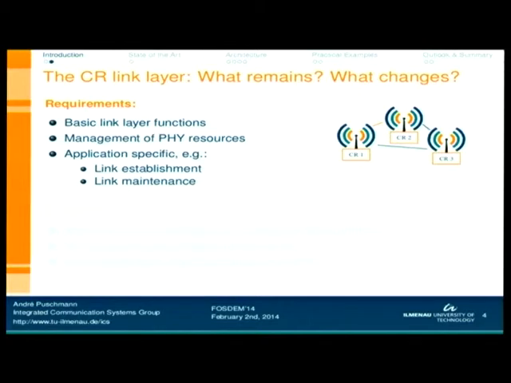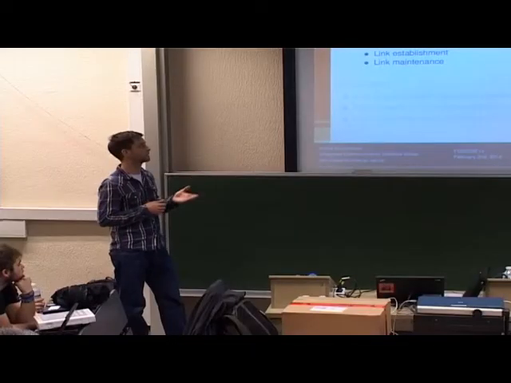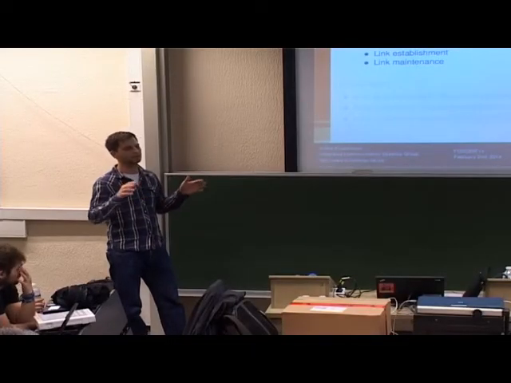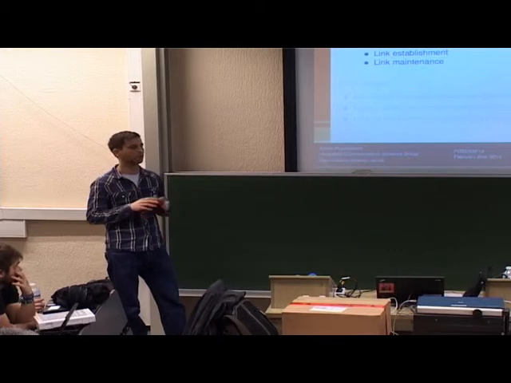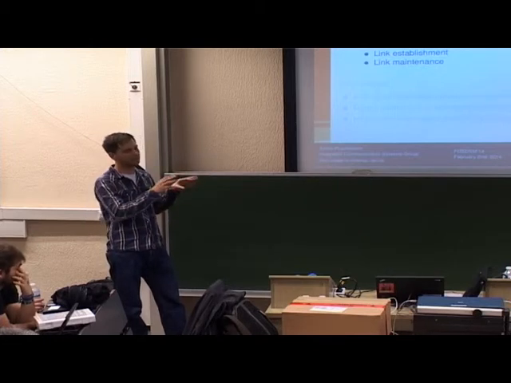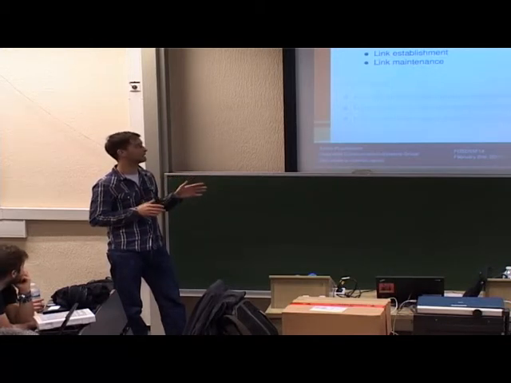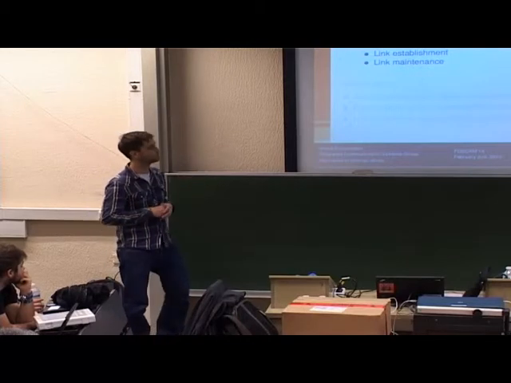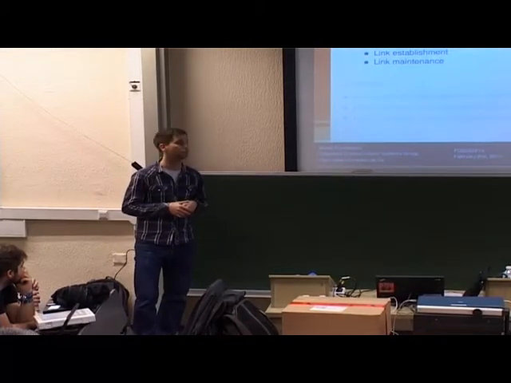It basically needs to manage the flexibility that is underneath it, trying to manage the PHY resources that it has. And when we are trying to build cognitive radio systems or dynamic spectrum access systems or any other application-like protocols, you have some application-specific responsibilities. Like for instance the link establishment that Tom mentioned earlier.